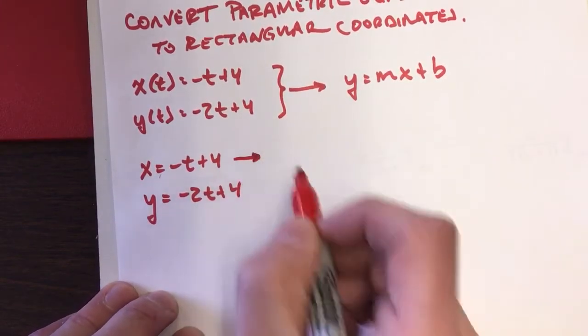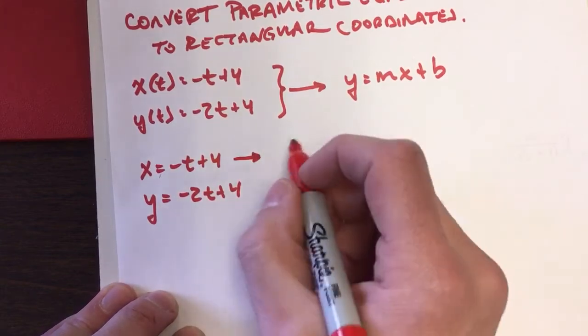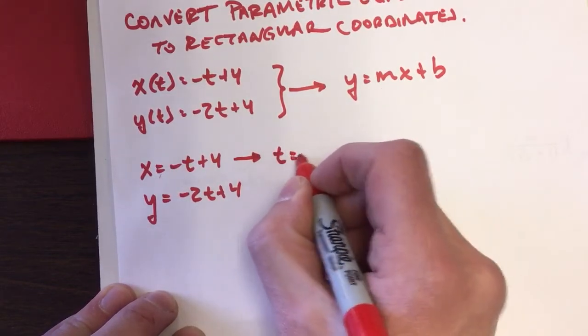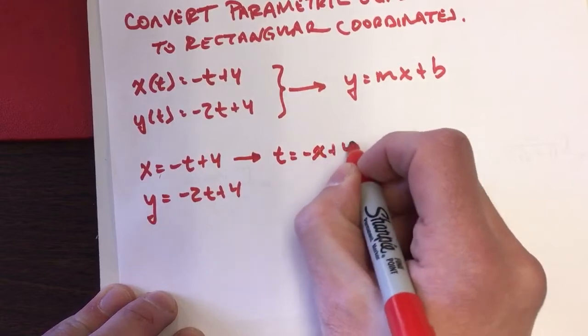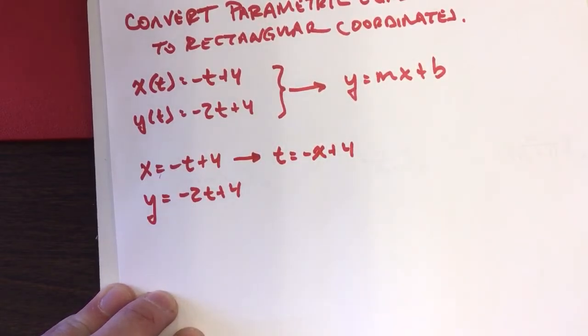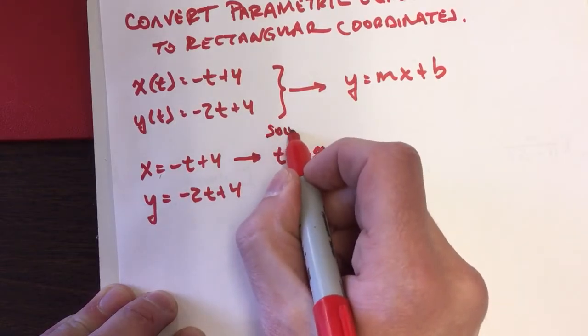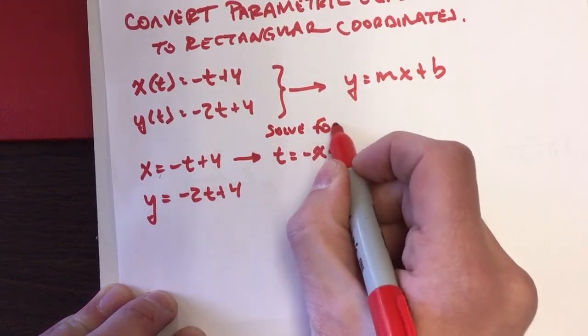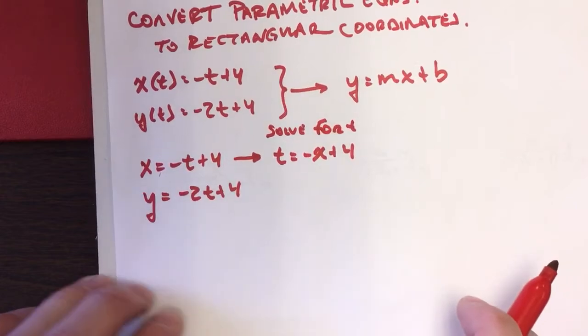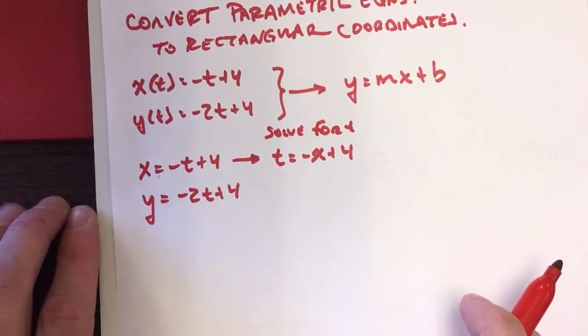Let's rearrange this. I'm going to turn this into t equals negative x plus 4. I'm going to solve that for t.